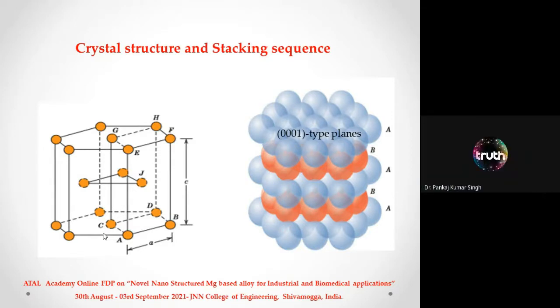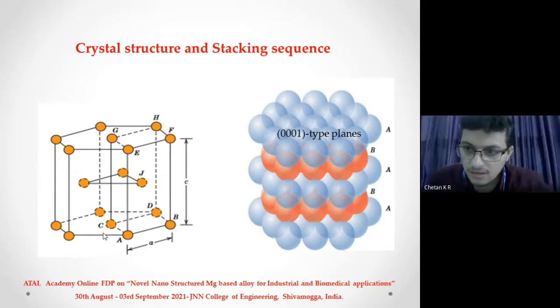That's a very high energy site where a small grain can nucleate. Such grains are called a subgrain. A subgrain is formed due to plastic deformation. Clear? It is clear, sir.